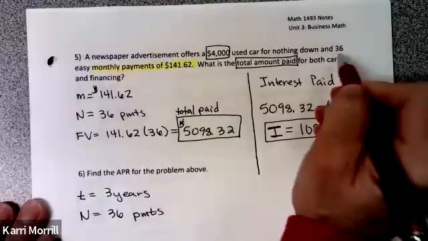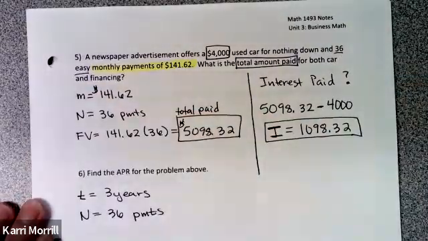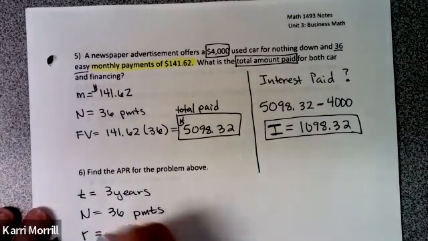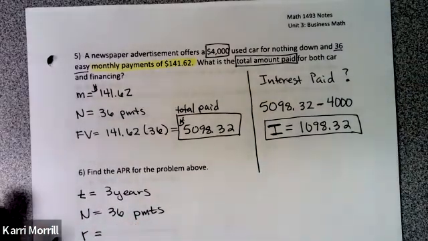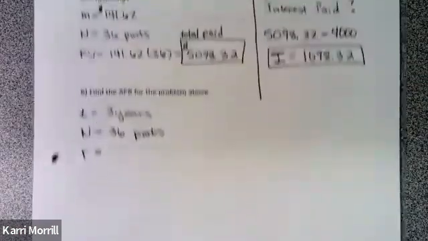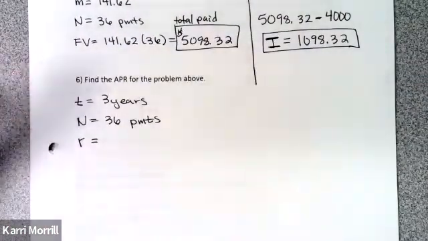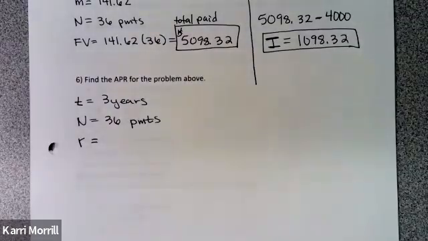So I already knew that. 36 payments. My rate is something that I don't know. So we have to do a little bit more work. And that's where my 3 years just came from. We may need to turn how many payments that we had back into years, because we have to go back and use our simple interest formula.